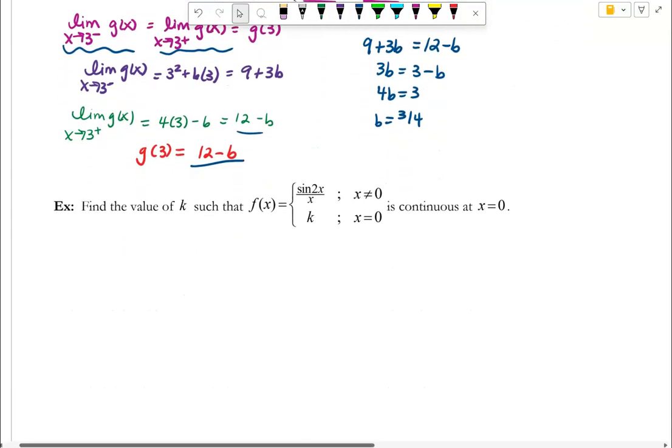All right, this last example, very similar. Find the value of k such that f of x is continuous at x equals 0. And we said really what we're worried about here isn't so much a jump discontinuity, but this is how we could possibly have a hole given a piecewise defined function. So again, we want to evaluate the limit of f as x approaches 0.